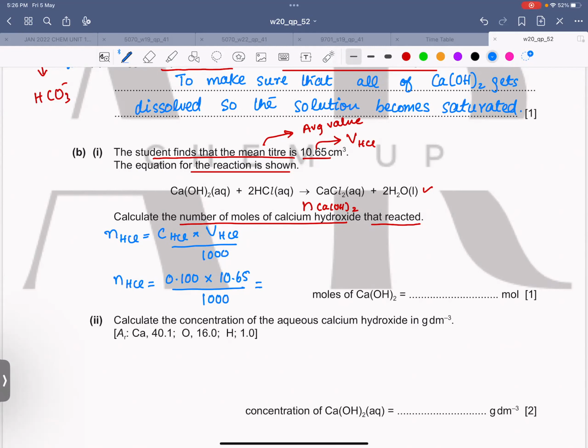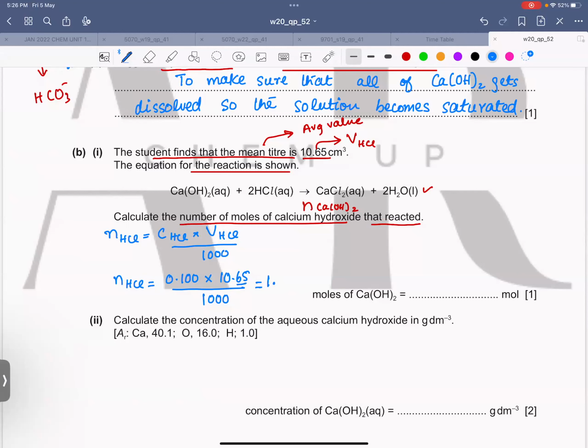One point not 65 into 10 power minus 3. 1.065 exponent minus 3. Okay. One minute, please. I'm getting 0.35, not 6.5.